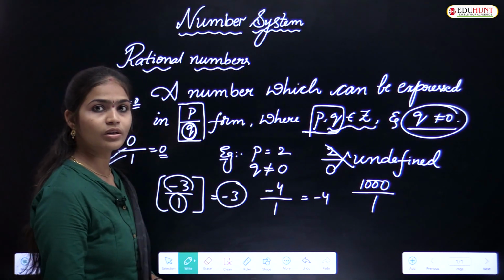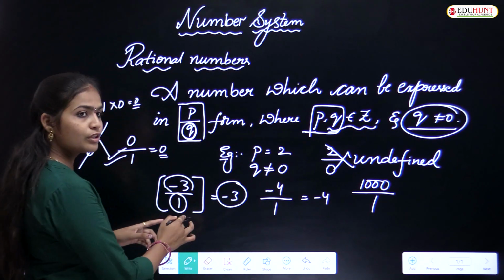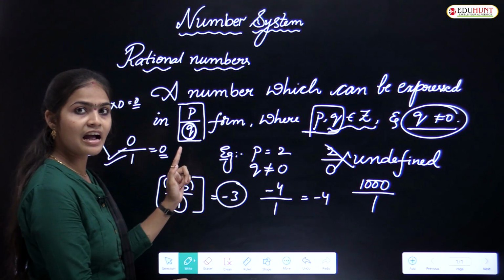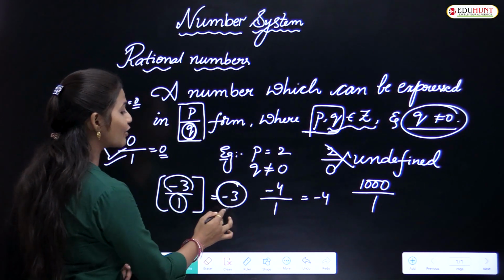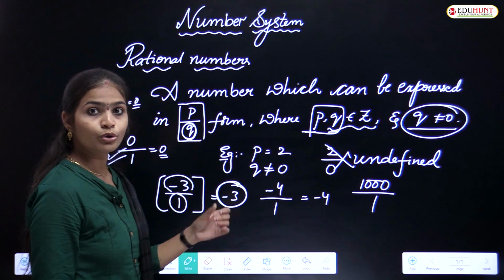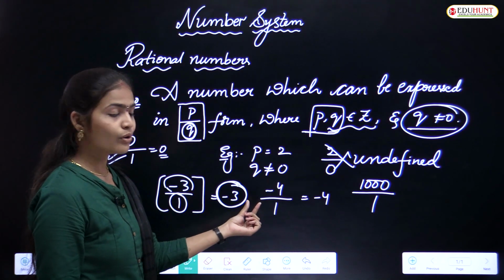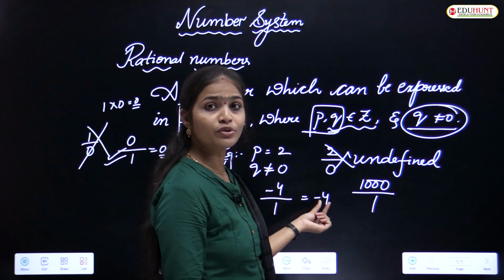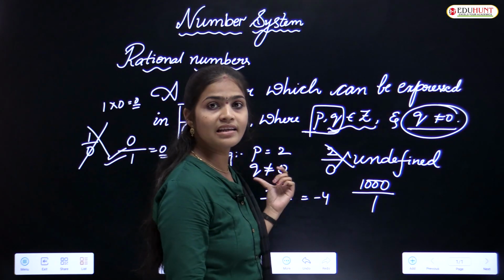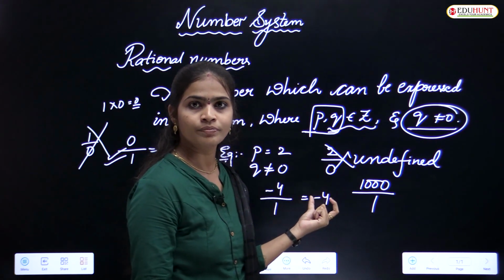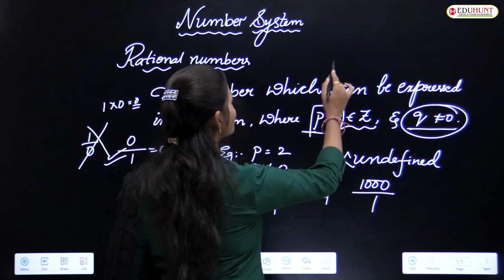Did you observe? In this case, minus 3 by 1, after division we are getting the quotient as minus 3. And here it is minus 4. Always we are looking at the quotient part only, no?